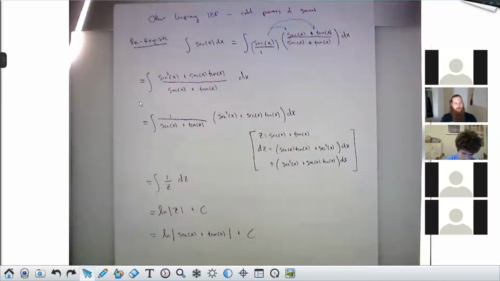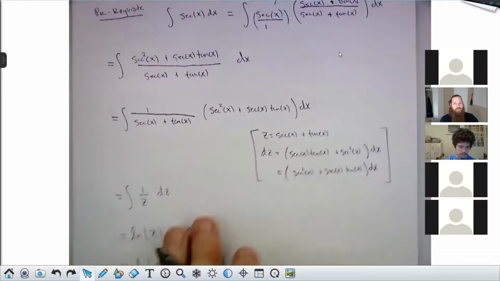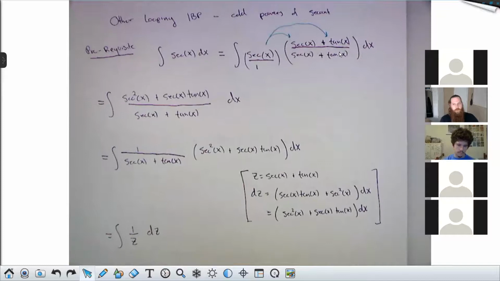Going once. Yeah, in the very first line, where'd you get the secant x plus tan x over secant x plus tan x? It's a great question. It's just something that I chose to try. Why not? Basically, it's a gnarly trick, right? Nobody would ever think to do that. It's not a logic thing.